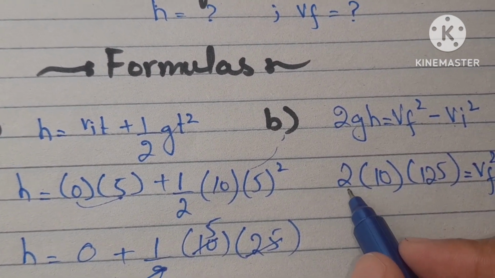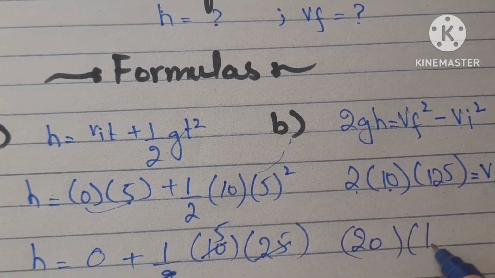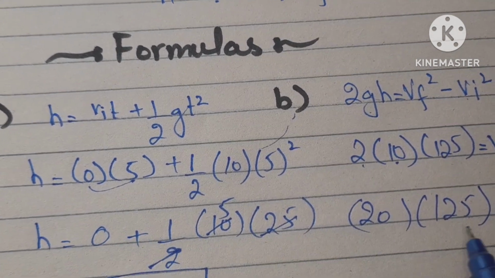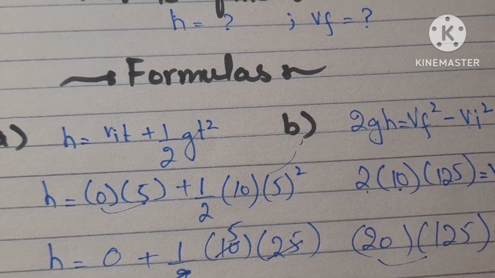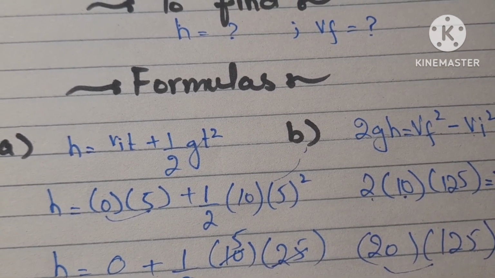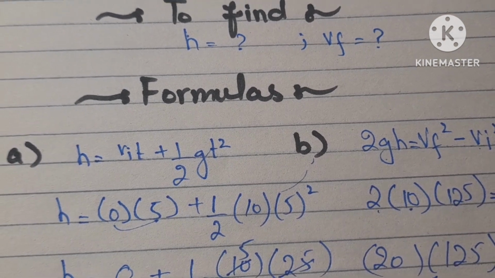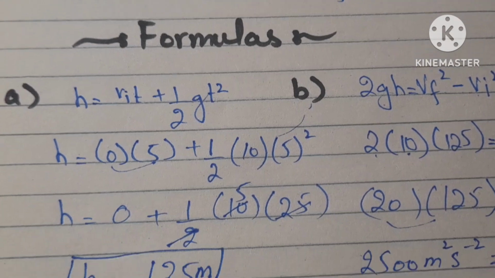Now multiply this 20 and 125 equal to Vf square, and when we multiply these we get 2500 meter square per second square equal to Vf square.